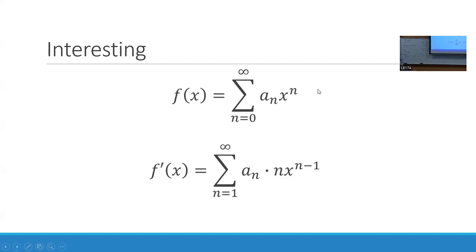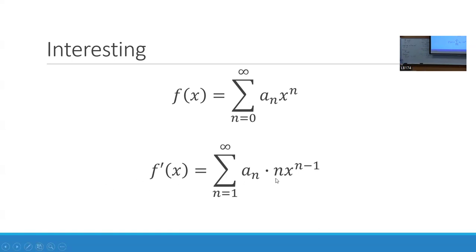And the way I do that is I take the exponent of the x out front, multiply by the n, and then lower the exponent by 1. Any polynomial, I can do that.